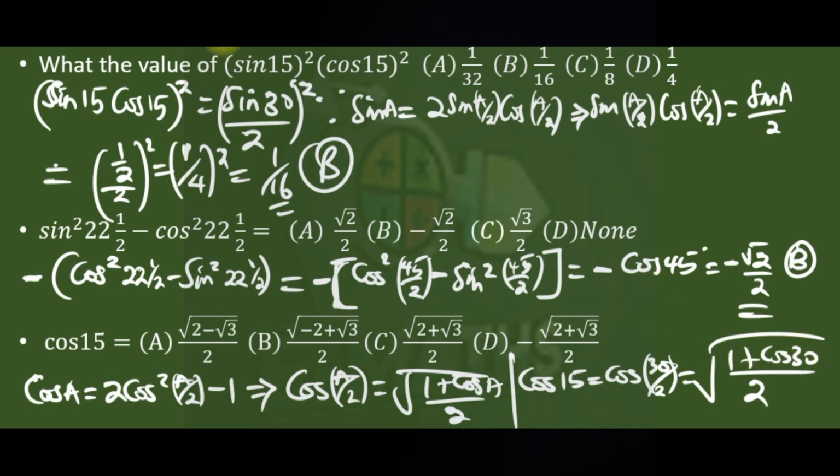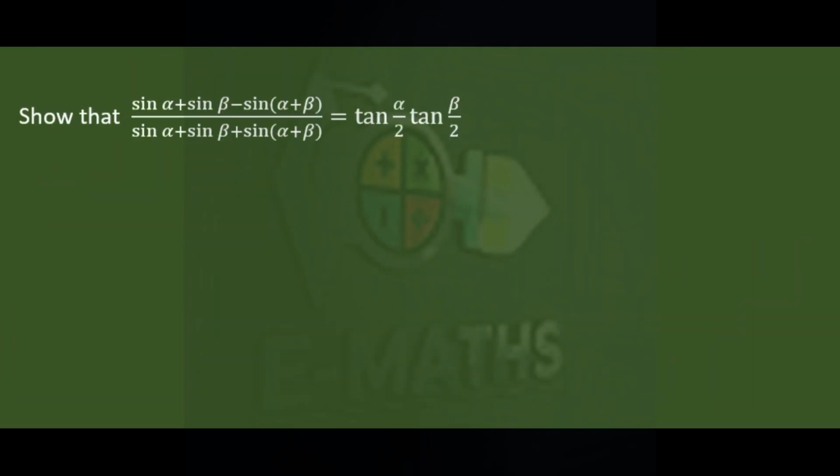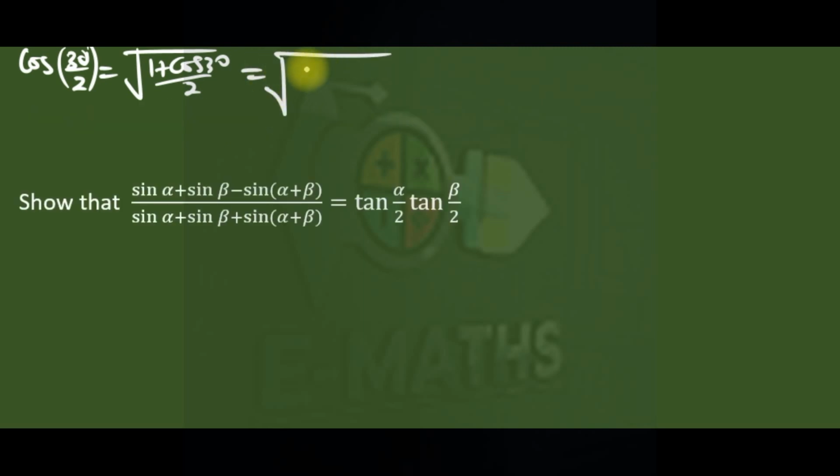So let's continue. I said that cos 15, which is 30 over 2, is equal to the square root of (1 plus cos 30) over 2, which is the square root of (1 plus root 3 over 2) all over 2.